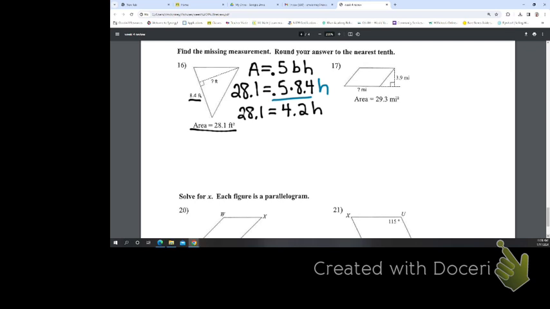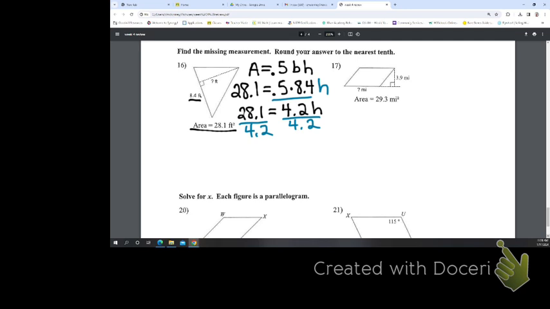And then what should we be doing? Well, it's not being added though. It's not 4.2 plus h, it's 4.2 times. So we should divide. Because what are we normally doing if we knew the base and height? We would be multiplying.